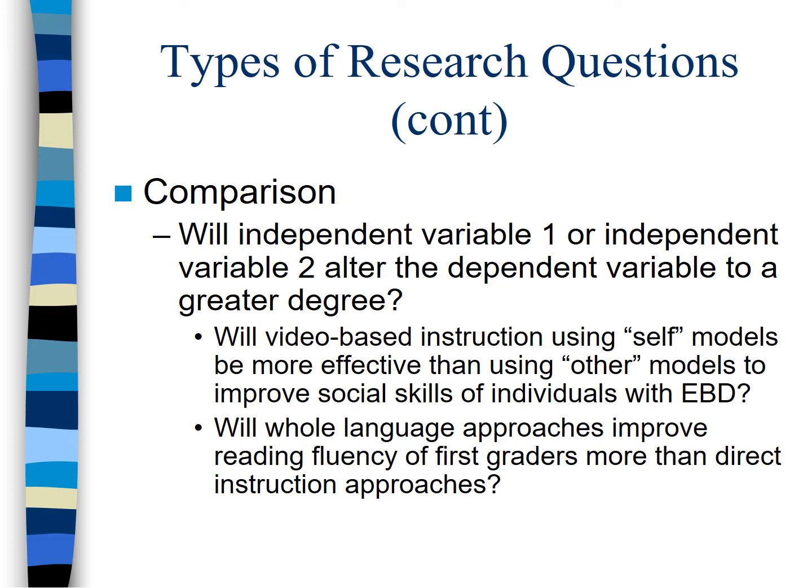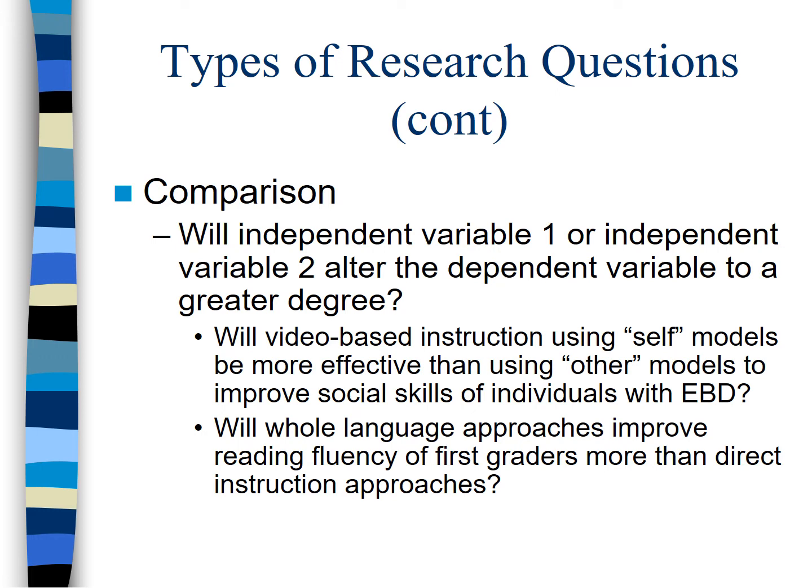So that was just a demonstration study. A follow-up could be, we've seen that peer models can be effective, but would self-models be more effective? So we could do a study and compare self-model to peer models and look at the effects on social skills.